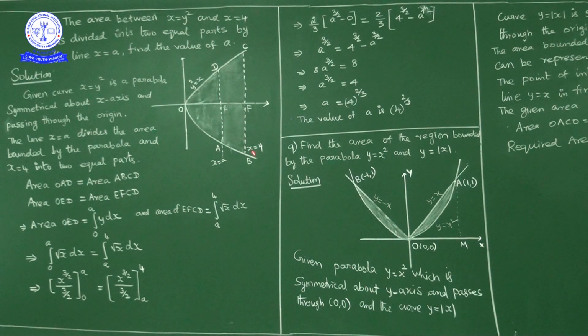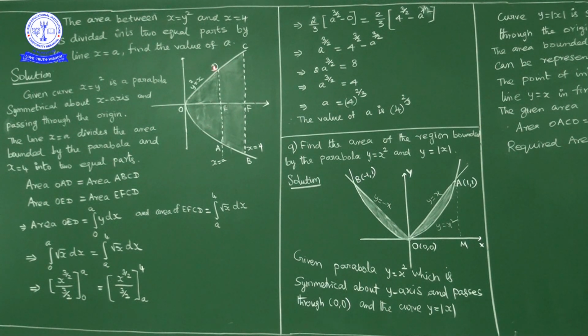Now one arbitrary line x is equal to a dividing these two areas in two equal parts. So what we can write, this area AOD is equal to area of ABCD. It is nothing but area of ODE is equal to area of CDEF.